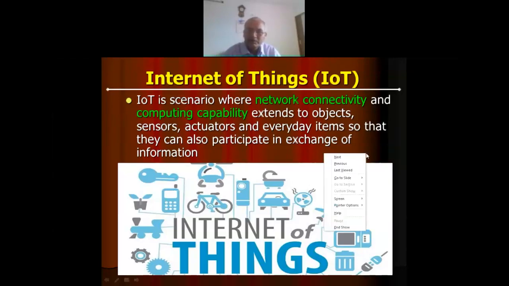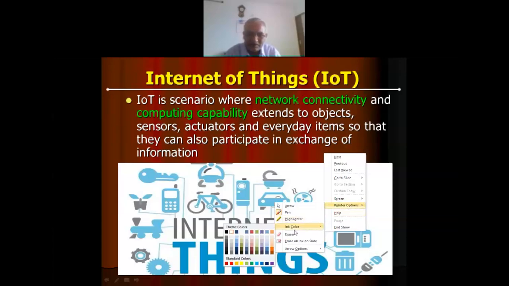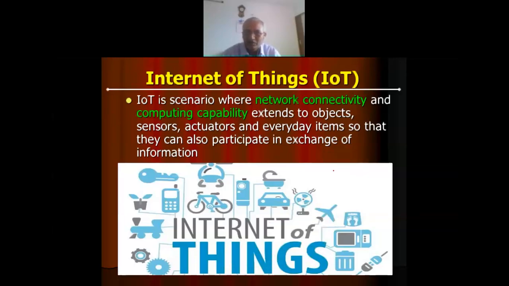The objects can be anything, like the different objects shown in this picture. A bicycle is shown, keys are shown, and different types of sensors can be given internet connectivity. Even the fan is shown here. This fan is there, a motor car is there. Other objects are the microwave oven, washing machine, even LED light.